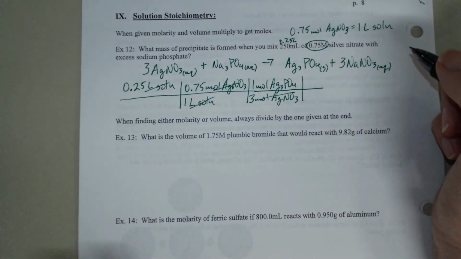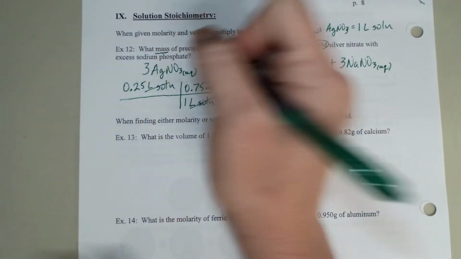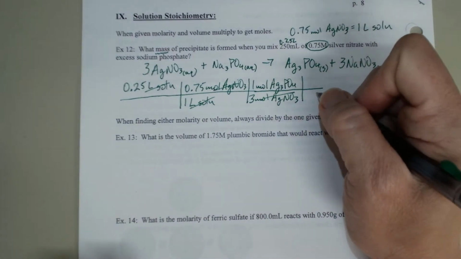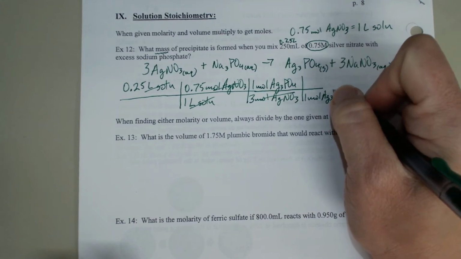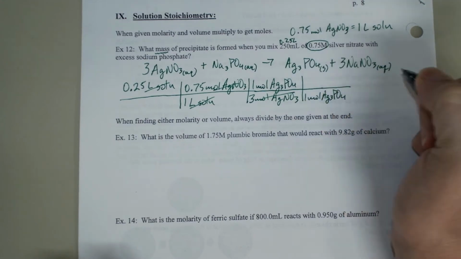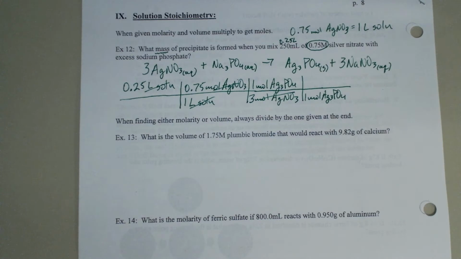But I need to get to mass of the precipitate. So for every 1 mole of silver phosphate, and then I type that into my calculator.